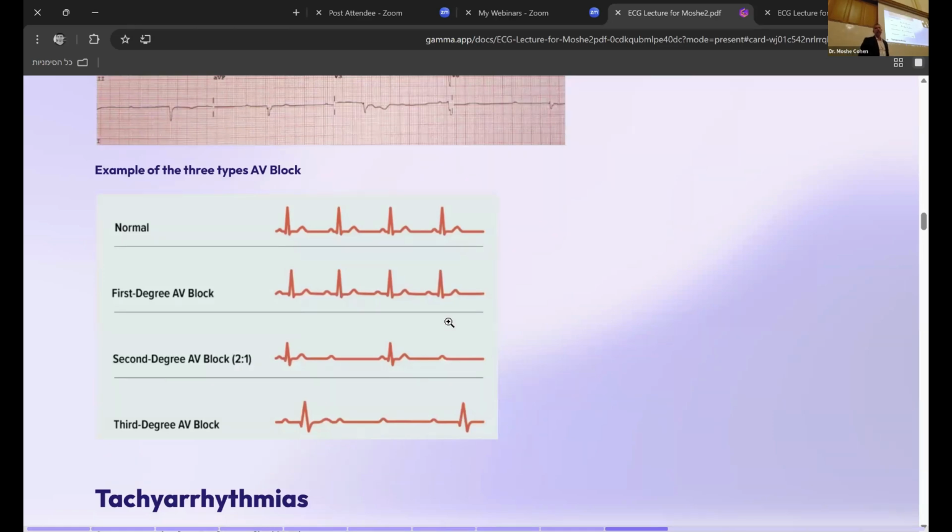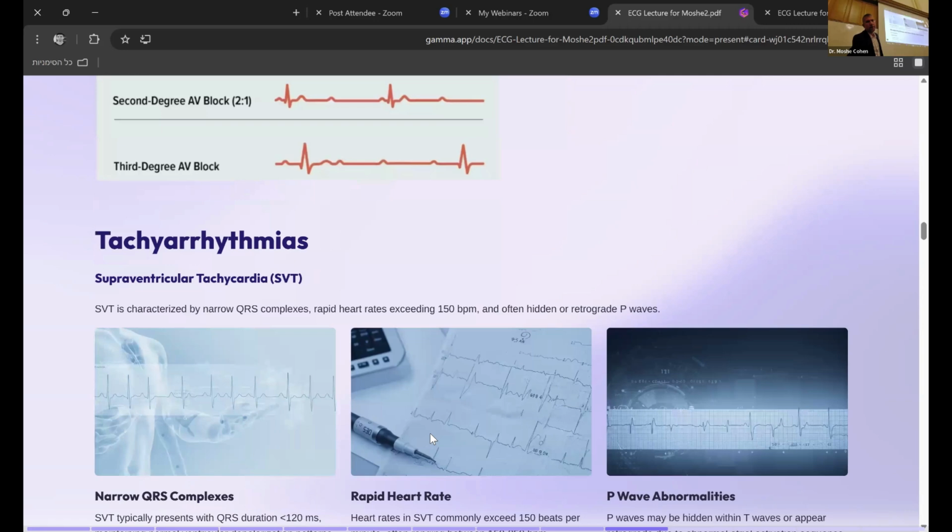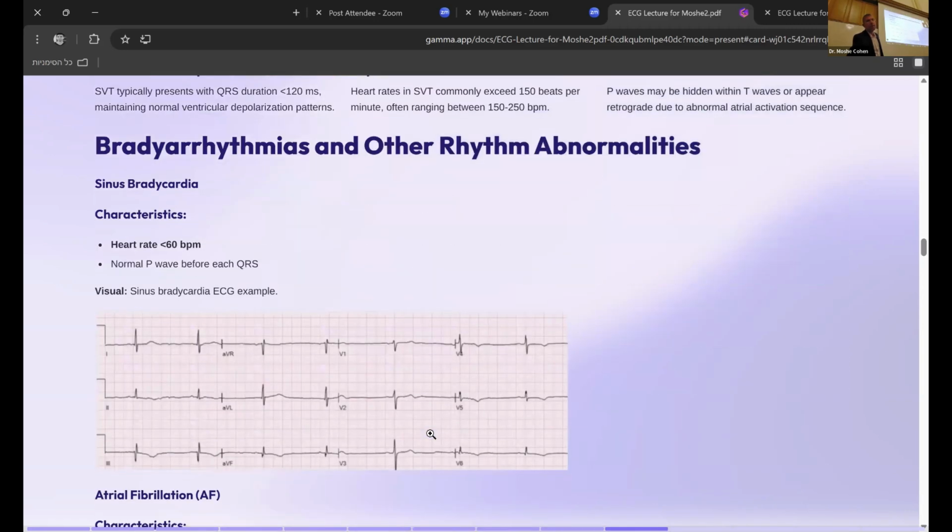Here is a nice summary of AV block. Normal, first degree, second degree, third degree, complete AV block.